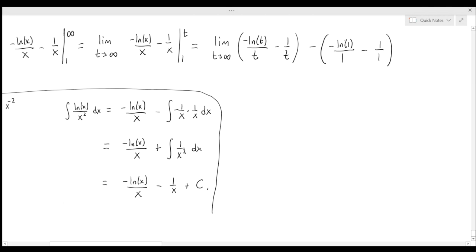Now remember that natural log of 1 is equal to 0. So this whole thing becomes 0. So that just leaves us with minus negative 1, which I'll simplify to be plus 1. All right, so this is what I have so far.